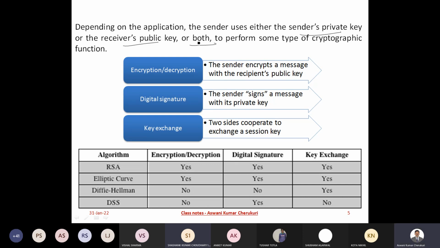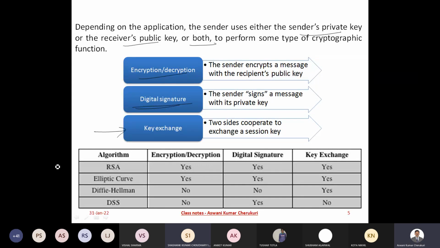So what can you achieve? Number one, typical confidentiality, encryption and decryption. You can also achieve the digital signature, that means authentication. And above that, you can also achieve key exchange.